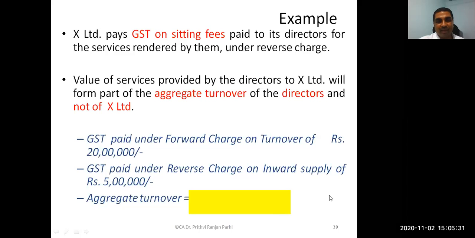Now tell me, what is the aggregate turnover? Is it 25 lakh or 20 lakh? What is aggregate turnover? Some of you please reply. Please reply.